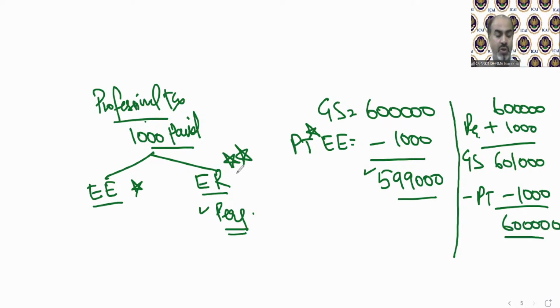Clear? So if professional tax is paid by the employee himself, it's going to be deducted out of gross salary as a deduction. But if it is paid by the employer on behalf of the employee or reimbursed by the employer for his employee, then it's going to be taxable as a perquisite initially, and then it's going to be deducted as a professional tax deduction. So that was the deduction concept.